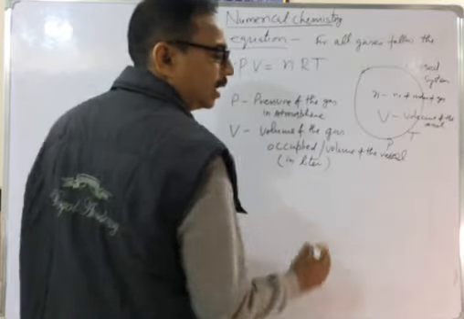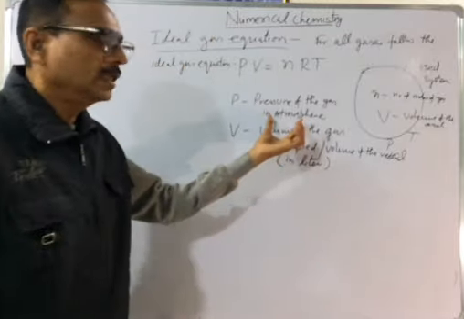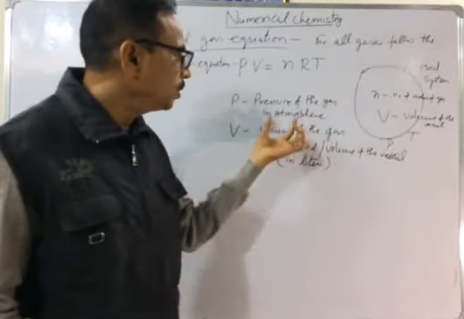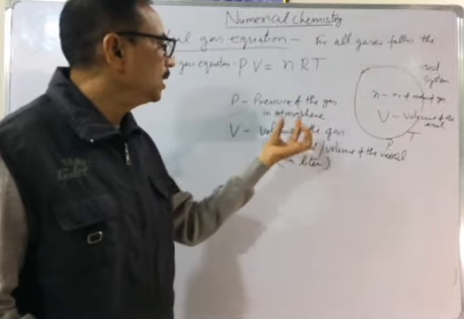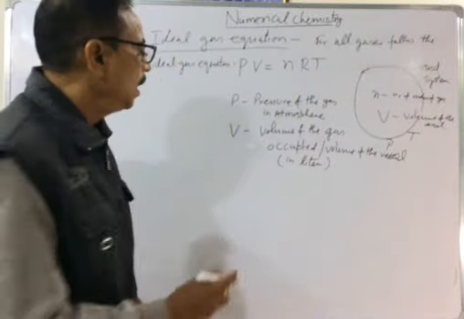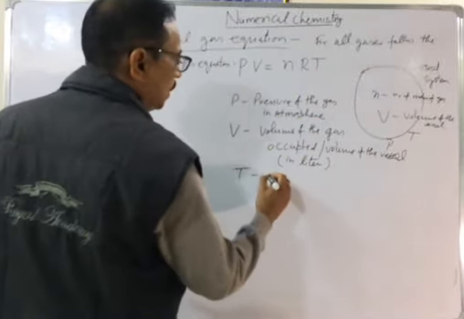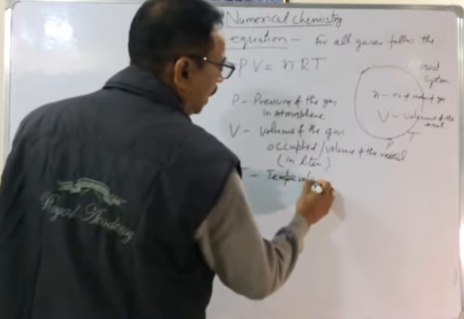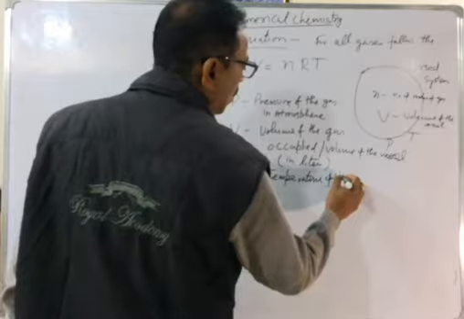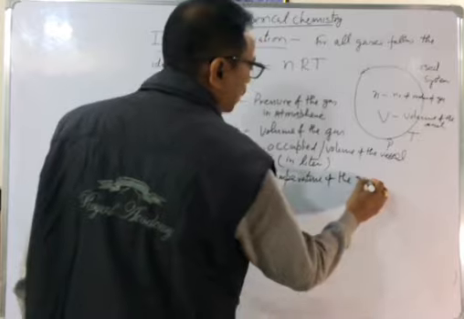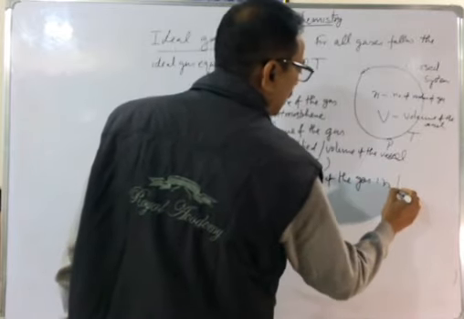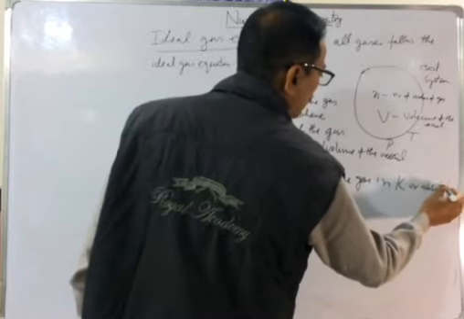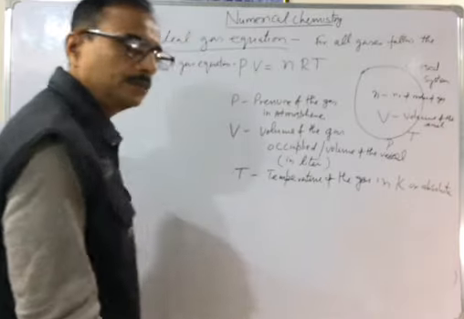We take it in liters in chemistry. These are the units frequently used, and I will also explain the numericals in atmosphere, liter, and temperature. T is the temperature of the gas in Kelvin, or absolute, temperature.